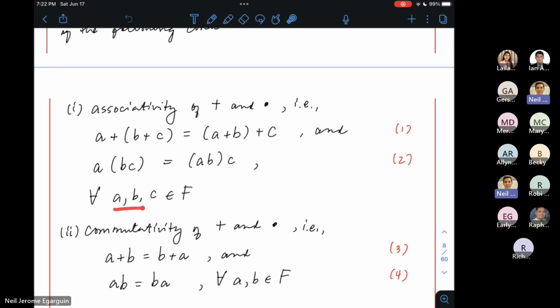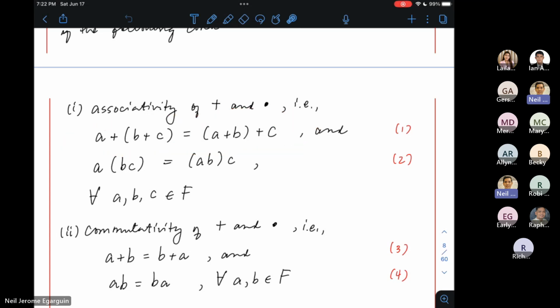So pag si A, B, C ay mga members ng non-empty set F, well, if you have A plus the quantity B plus C, so tingnan natin ano ang ibig sabihin nito and how is it different from the right-hand side, because it might be very obvious for us since we are living in the real number system with the usual addition and usual multiplication. You might be thinking, why are we still writing this down?